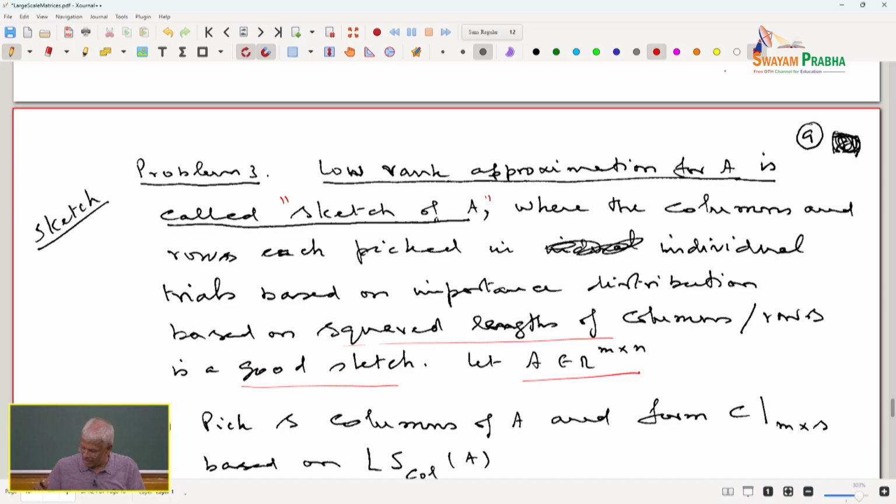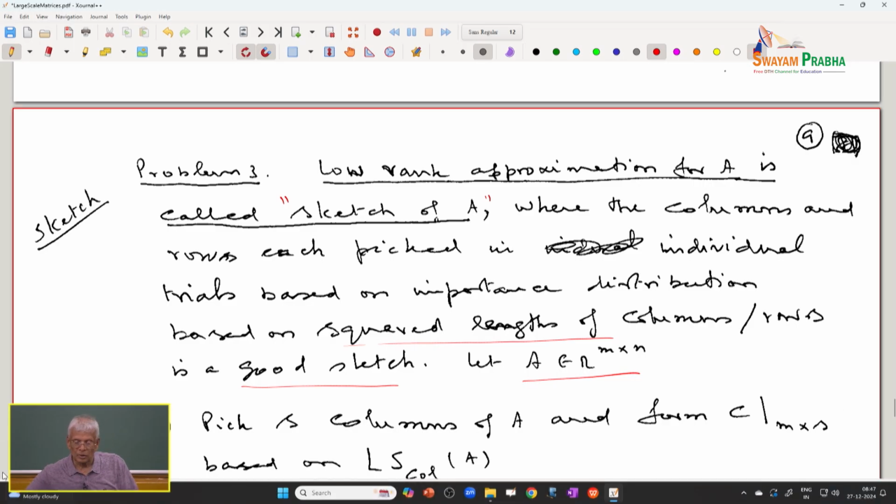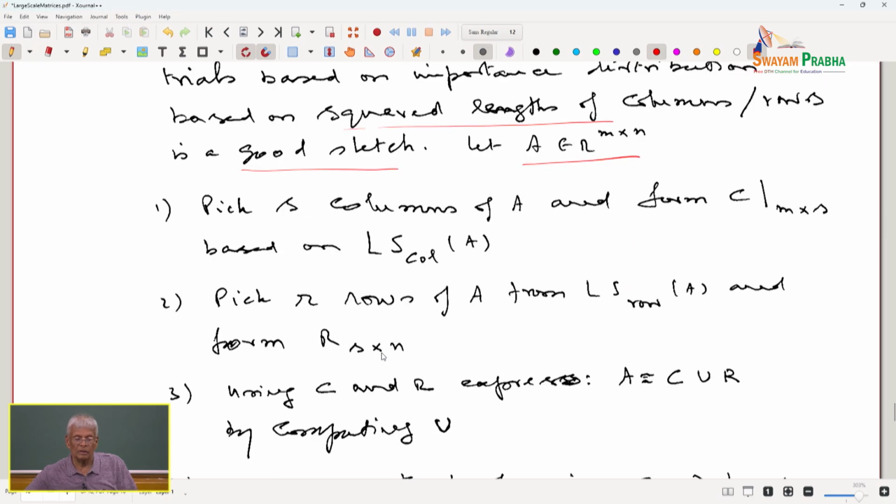So, let A be an M by N matrix. Pick S columns of A to form a matrix C, M by S, based on the square length of the columns of A. So, please understand, LS column A refers to a distribution where the ith column is going to be picked proportional to the energy that is inherent in the ith column, and the energy is measured by the square of the length of that column vector.